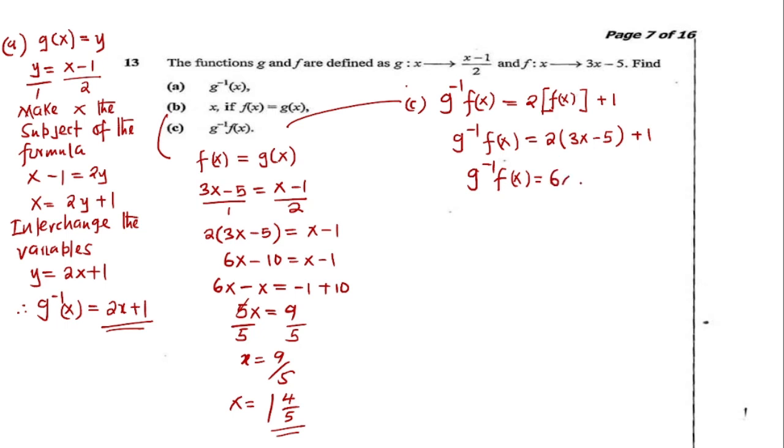That will be 6x minus 2 multiplied by 5, we're going to have a 10 there, plus the 1 there. So the inverse of g of f of x is going to be 6x minus 9. Okay, so that is the answer for that question.